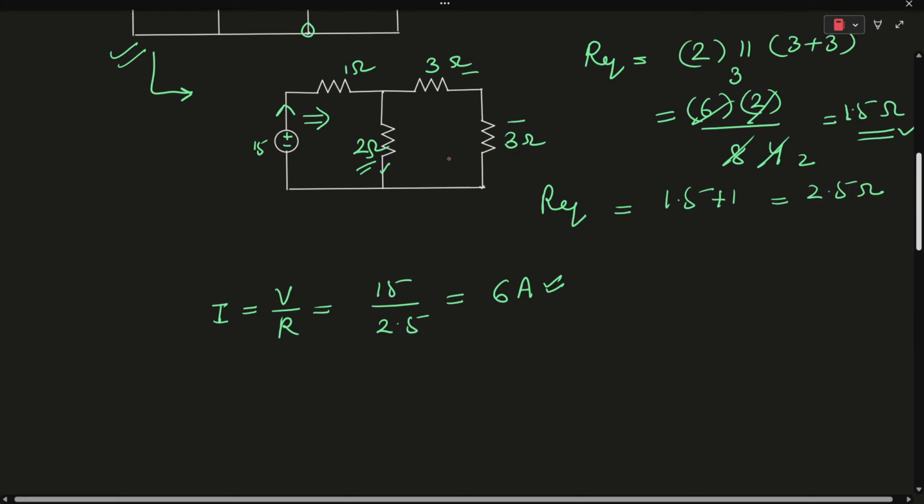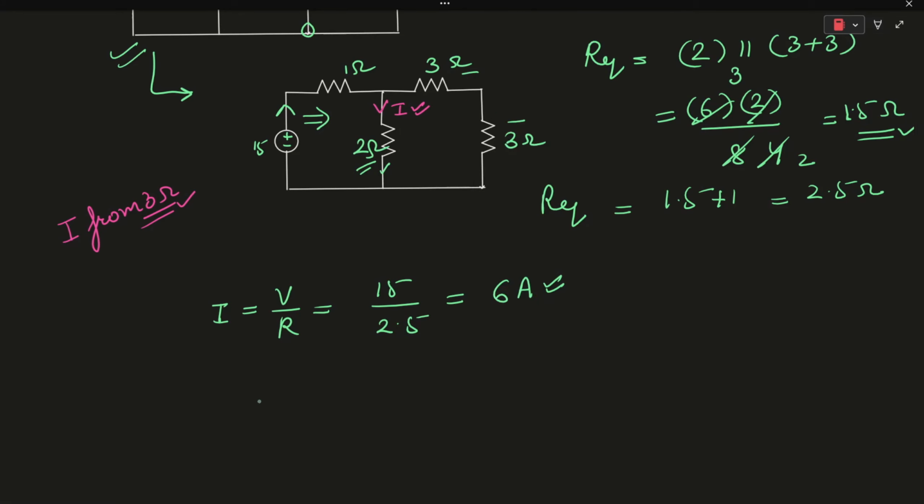So in order to find the value of current I through the 3 ohm resistance, we need to first find the value of the current flowing through the 2 ohm resistance. So using the current division principle, I of the 2 ohm resistor will be equal to the total current, 6, into 6 upon 6 plus 2.